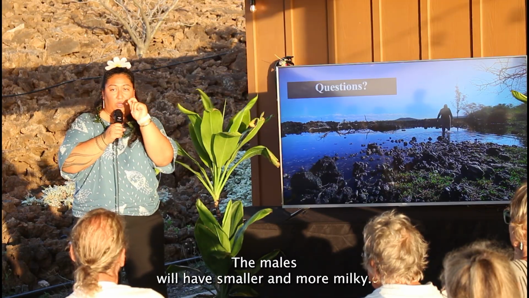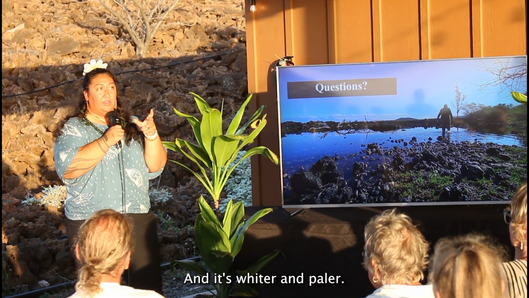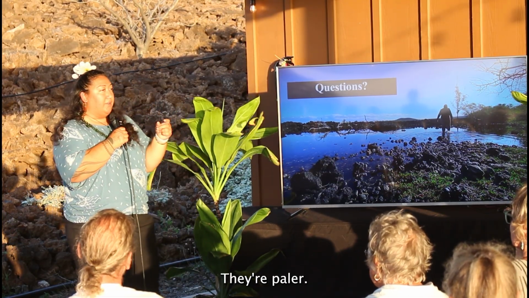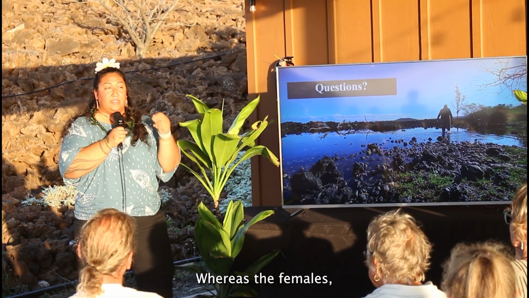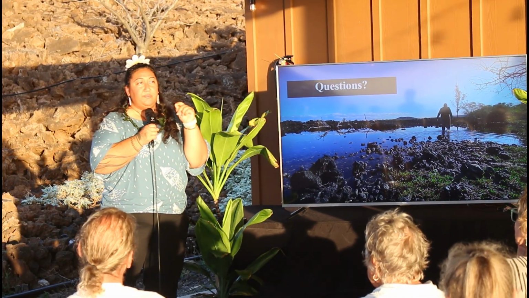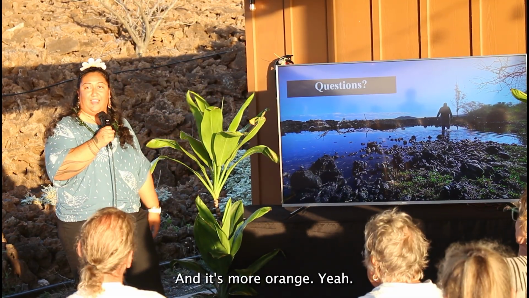The males will have smaller, more milky, whiter and paler. That's also the same for the younger ones. They're paler, whereas the females' egg sizes are slightly bigger, more creamy than milky, and more orange.